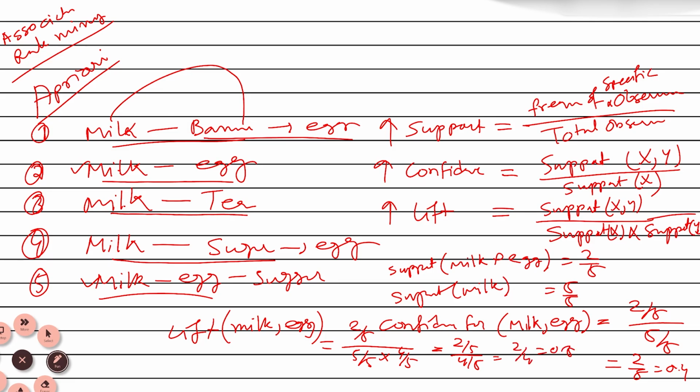So after calculating this kind of matrix for all the relationships, let's say milk bread, milk egg, milk tea, milk sugar, egg sugar, or banana egg, you have to calculate the support, confidence and lift, and based on the higher values you can select the top 10 rules or top 5 rules out of the data.